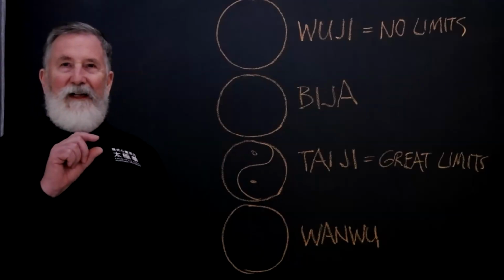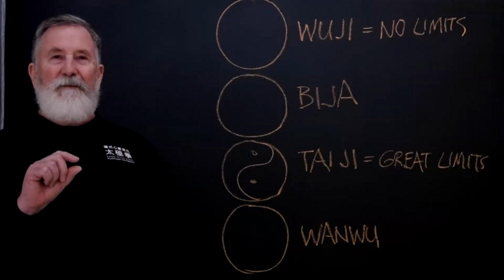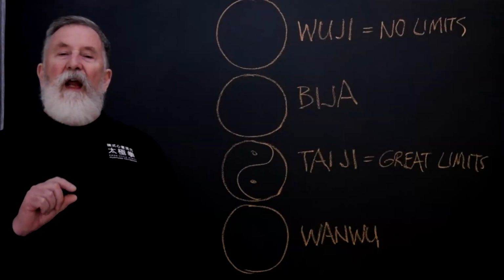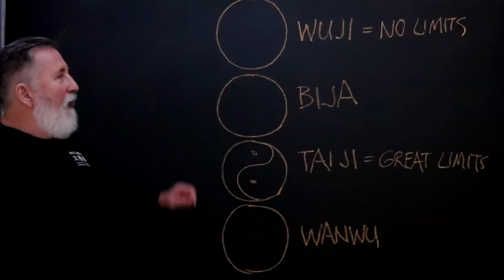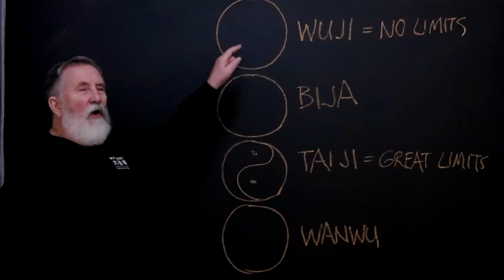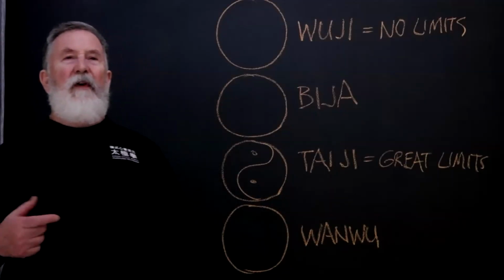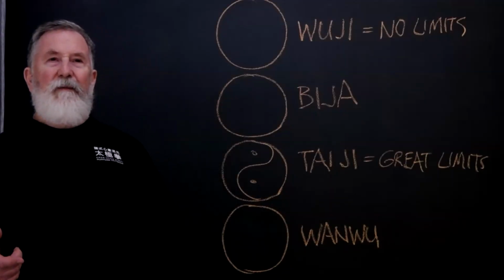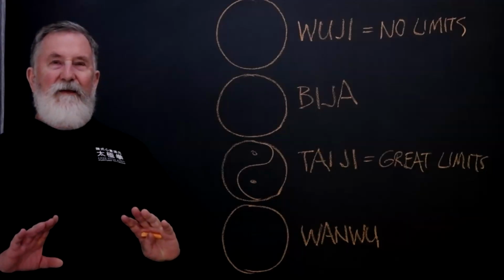All right, so like a little seed that you grow a plant from. And that really indicates Wuji, no limits. There's no space, there's no time, there's no movement. It's what it is, and it never changes.